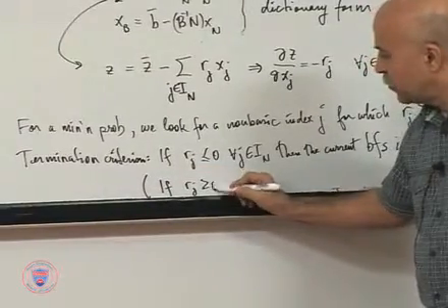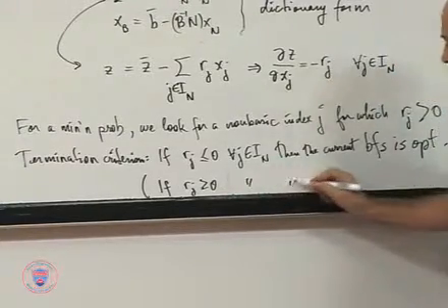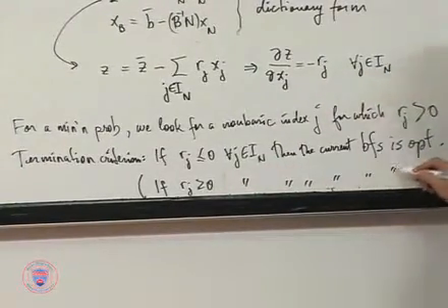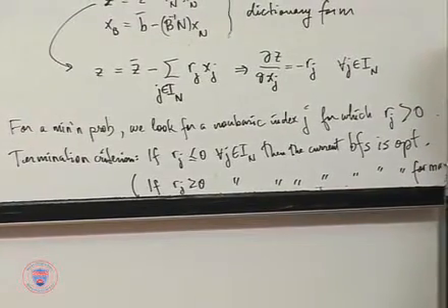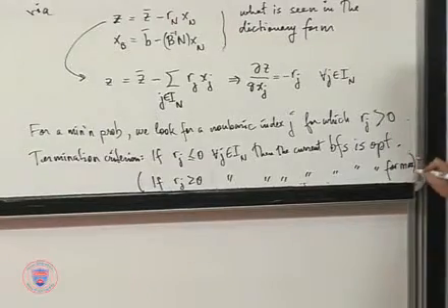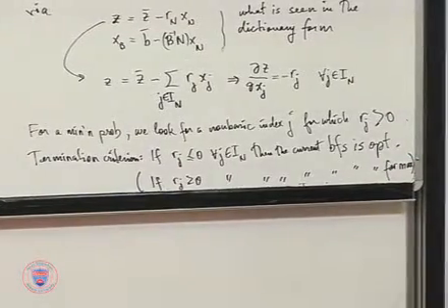And for a maximization, of course, you want it the other way around. For a maximization problem, there's a little writing there that says "for maximization." Okay?